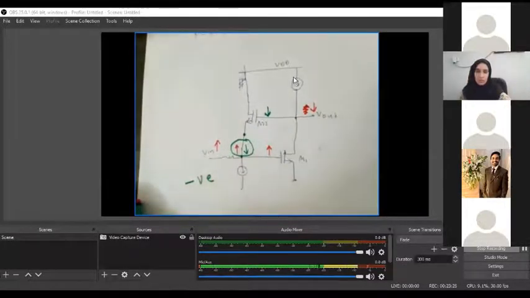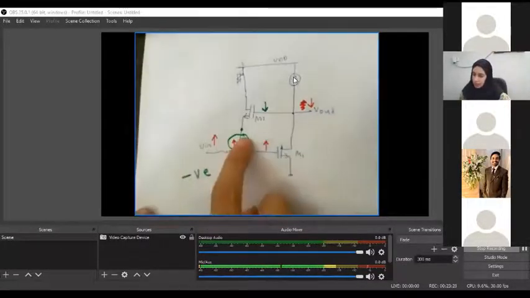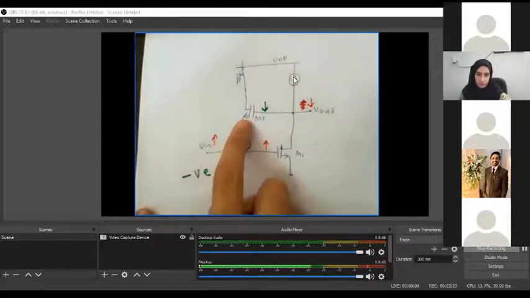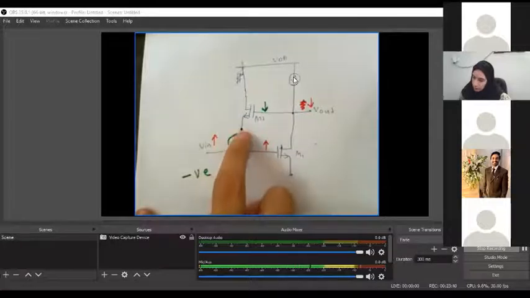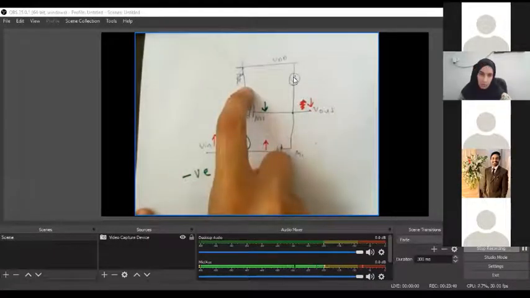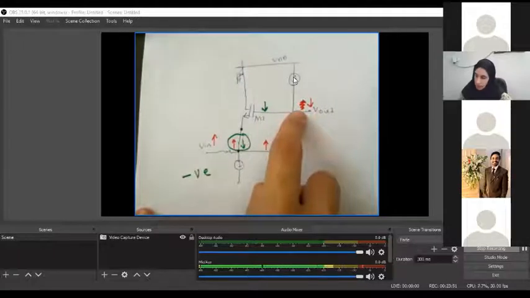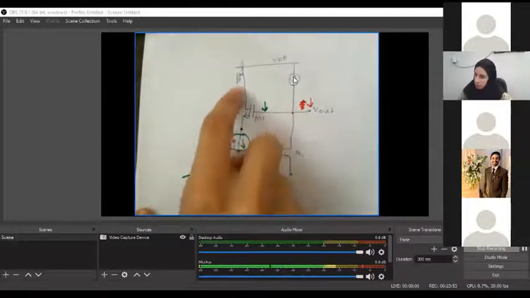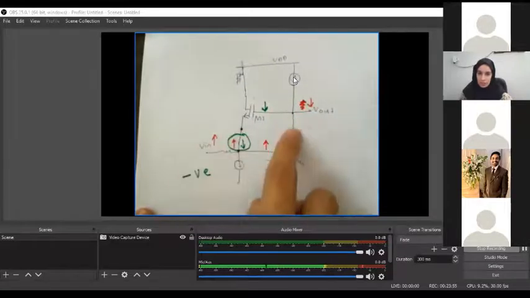Muniba is asking what is going to happen here. I think that this is the forward path here. If I apply the input at the source of M2, then I can only check the output at the drain. I don't know what's going to happen on this gate side because it's going to be a common gate. So I still have to move in this direction. Okay, that's a nice question.